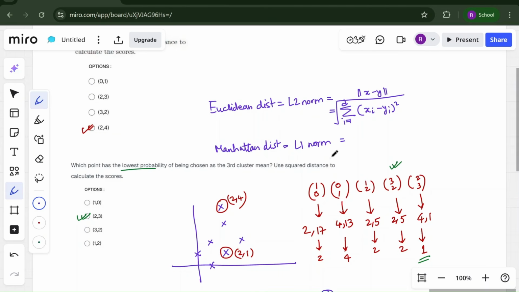The L1 norm is x minus y. Some people write it as norm 1, and this is written as norm 2. The Manhattan distance turns out to be the summation, i running from 1 to d, of mod of xi minus yi. As of now, these are sufficient.